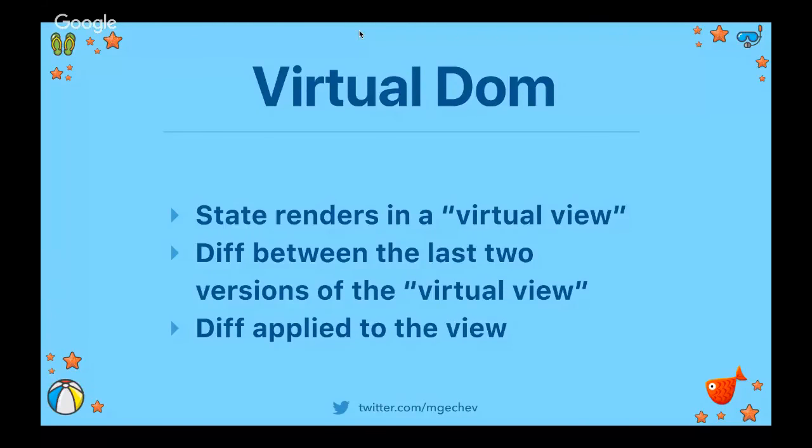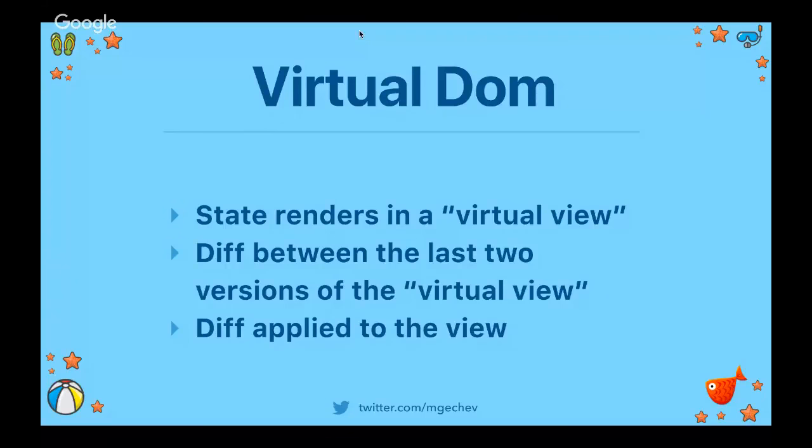So basically, these are a bunch of JavaScript objects which are rendered in the form of a tree, and that's it. The next time when the state changes, we're going to render this application again, and we're going to compare the previous virtual DOM with the current one, so the previous tree with the current one. We're going to find out the minimum set of differences and apply them to the view.